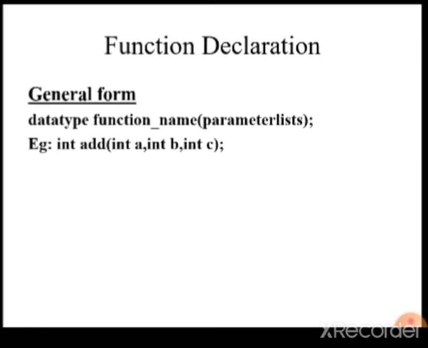Next, inside the brackets, the parameter list or argument list. You can give 1, 2, 3, 4 till n arguments, and also without arguments we can declare the function, using void. The data type mentioned in the beginning is the data type of the return value, that is, the type of the value the function returns.